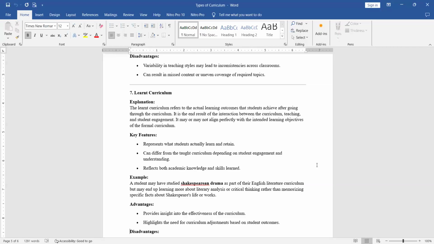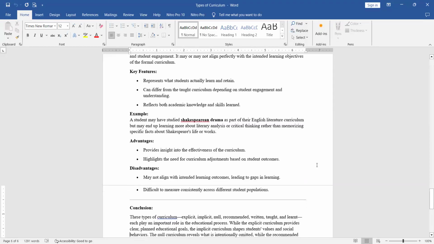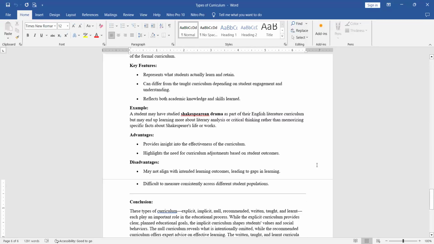Taught curriculum is what is taught. Learned curriculum is what is learned by the students. There's a gap, right? A student may have studied Shakespearean drama as part of their English literature curriculum, but may end up learning more about literary analysis and critical thinking rather than memorizing specific facts about Shakespeare's life and works. So that is the learned curriculum.